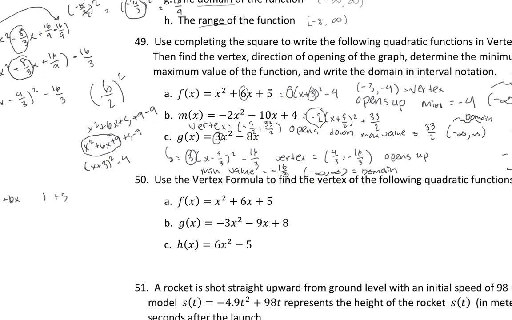To find the constant we're going to add, we take that leading x term and say 6 over 2 squared, which gives 9, right? So we're going to have a plus 9 in here, and then we'll have a minus 9 out here.